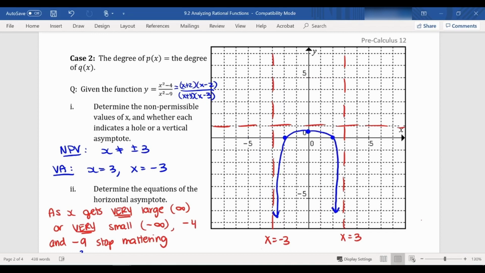Okay. Then I might want to pick maybe when x is 4 and when x is -4. So if x is 4, on the top, we end up with 16 minus 4. On the bottom, we end up with 16 minus 9. So we get 12 over 7, or 1 and a bit. Okay. So about here, and then we can draw in our 2 here.